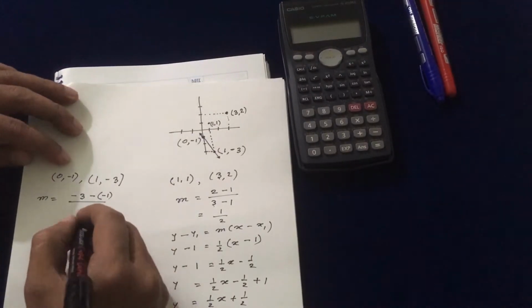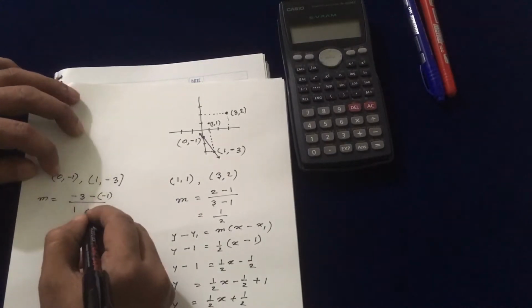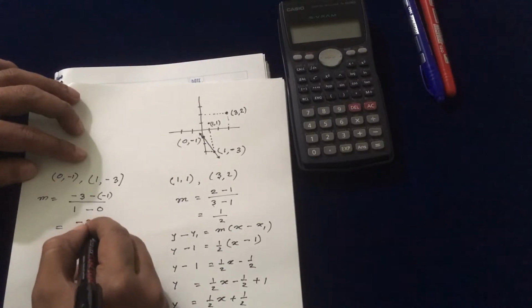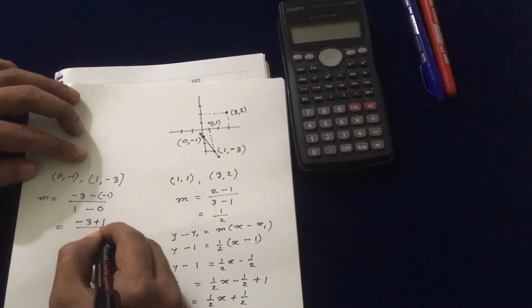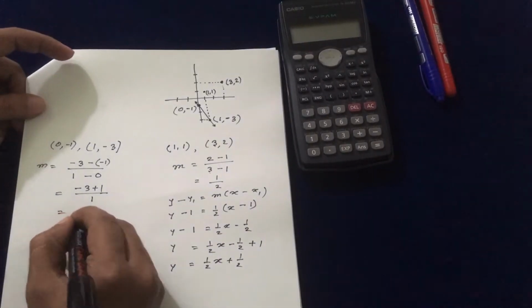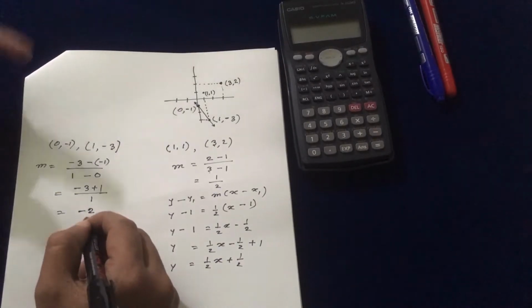Then divided by x2 minus x1. x2 is 1, minus x1 is 0. So what we have here is minus 3, minus a plus, minus plus, then this is 1. That means it is minus 2 divided by 1, which means minus 2.